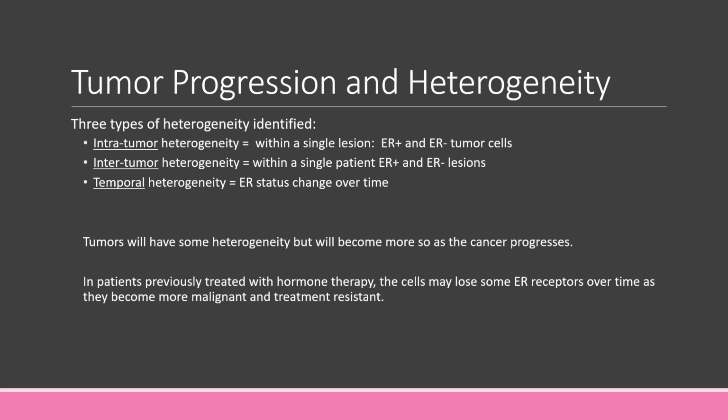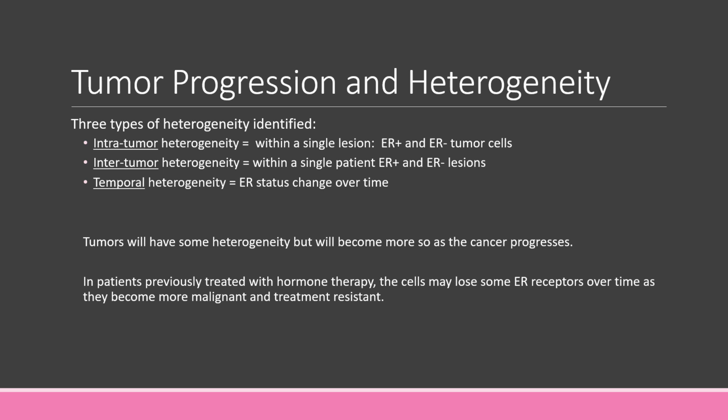So the temporal heterogeneity comes into play here. Patients that were previously treated with hormone therapy who were ER positive, their cells may lose some of those ER receptors over time as they become more malignant and they modify to become more treatment resistant.